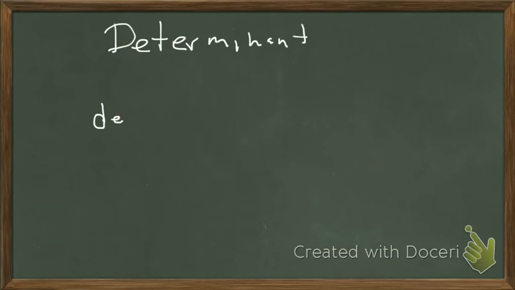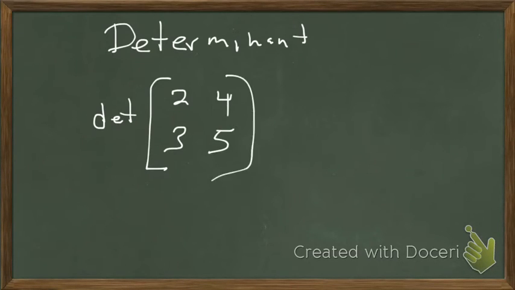Now another aspect of a matrix that they like to ask you to find is the determinant. And they would denote that with a DET. And to find the determinant of a 2 by 2 matrix, you multiply along the left to right diagonal down, and then subtract off the product of the other diagonal.